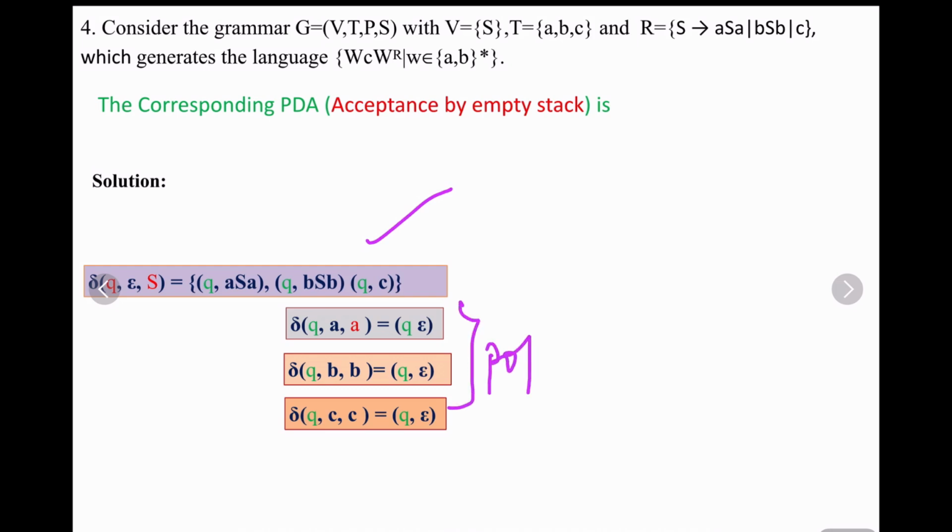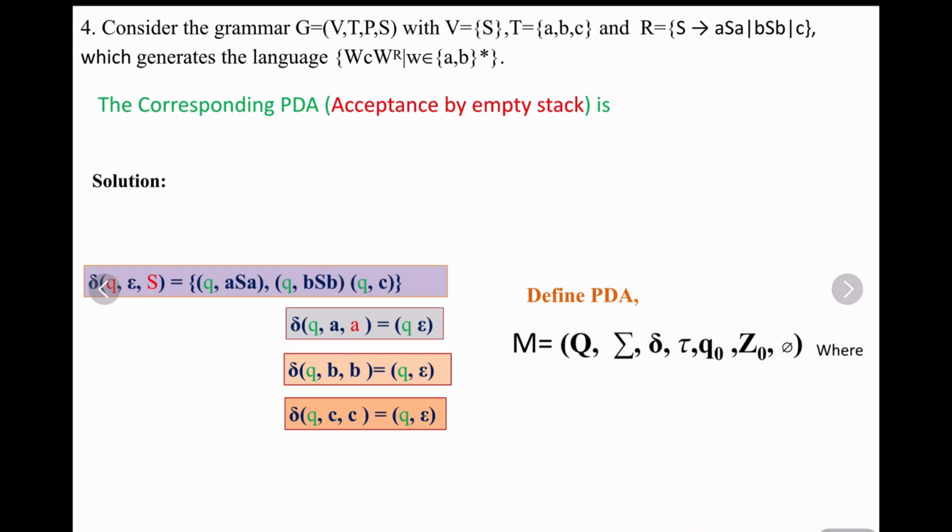Then you can write the PDA. Writing the PDA means you have to describe its seven tuples, so you have to define them. Look at this. First is capital Q, which here has only the state q.